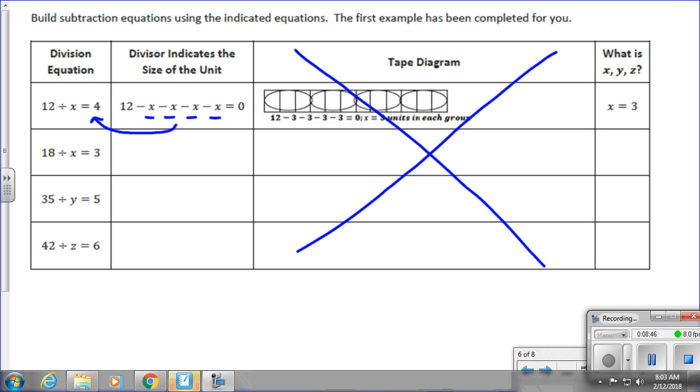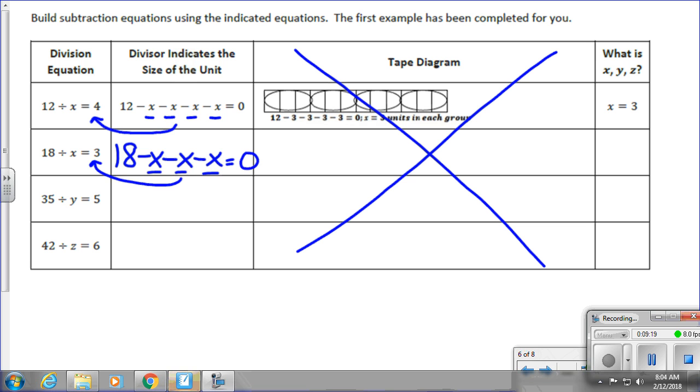This matches with the number that's at the end of the statement here. So 12 divided by x equals 4, and x would be 3. So I'm going to rewrite this statement. 18 minus how many x's? 3 x's. And that 3 comes right from there.